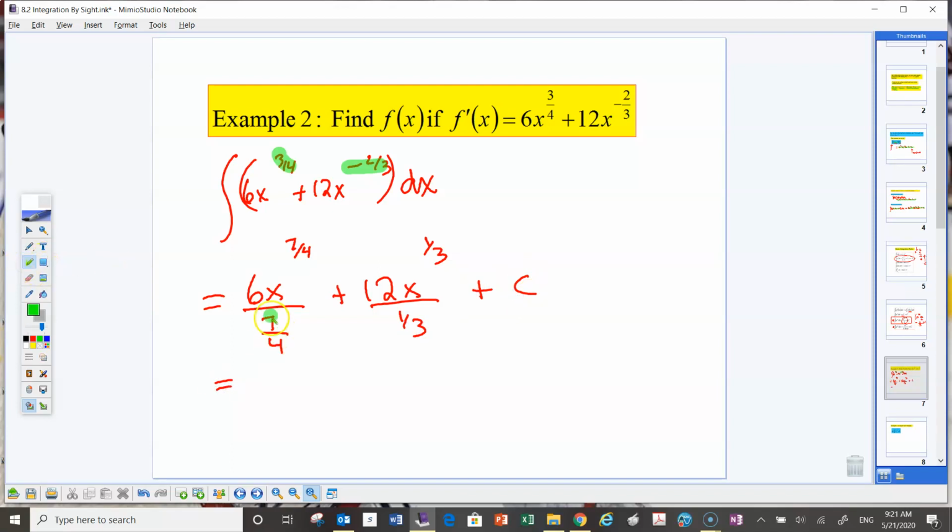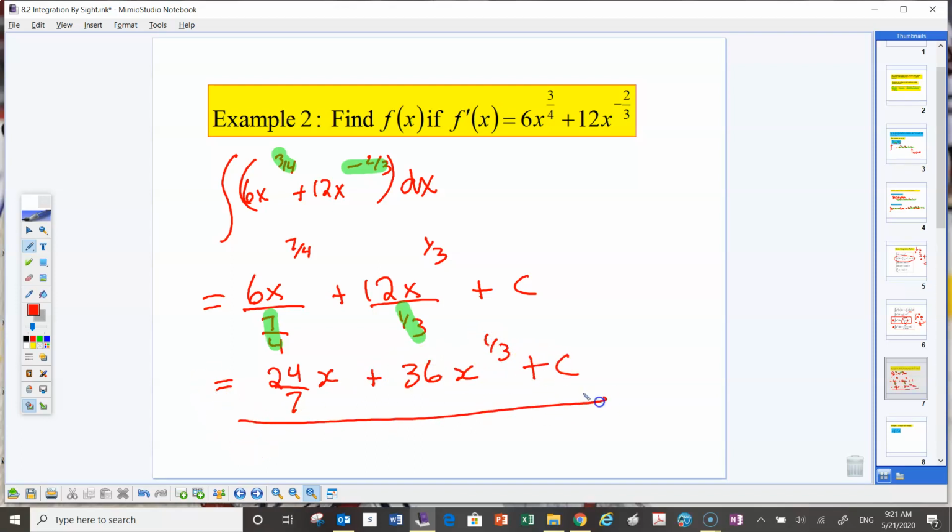Now, to divide by a fraction, I just reciprocate and multiply. So this is going to become 24 over 7 x to the 7/4 plus 36x to the 1/3 plus a constant, and that would be my final answer. Whoops, I lost my exponent here.